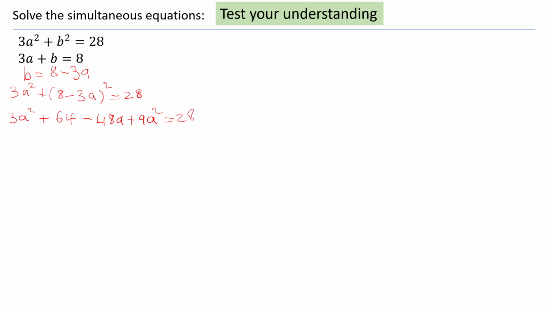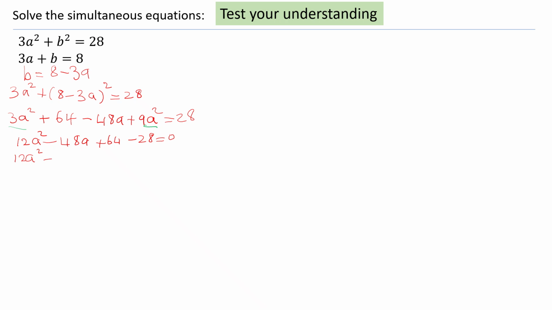Now simplify this equation. 9A squared plus 3A squared is 12A squared, minus 48A, and plus 64 minus 28 equals 0.